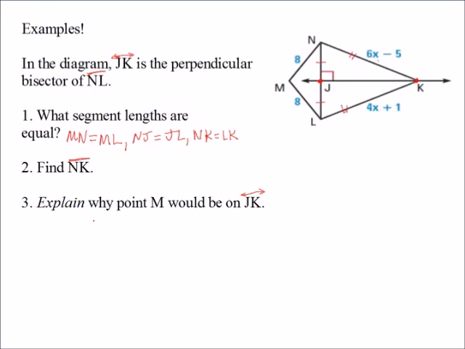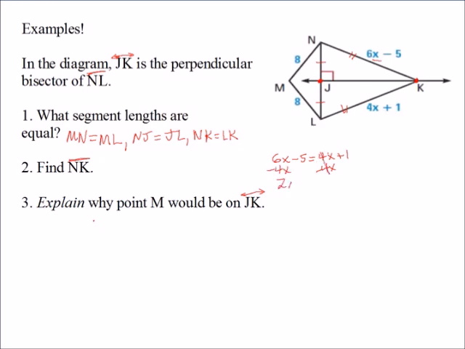Okay, NK. Here's NK right here, and we have an X right here. So that means we're going to have to solve for X. Because of number one, we know that NK and LK are the same distance, so they're equal to each other. So I have 6X minus 5 equals 4X plus 1. Being that we have minus 4X and minus 4X, those cross out.